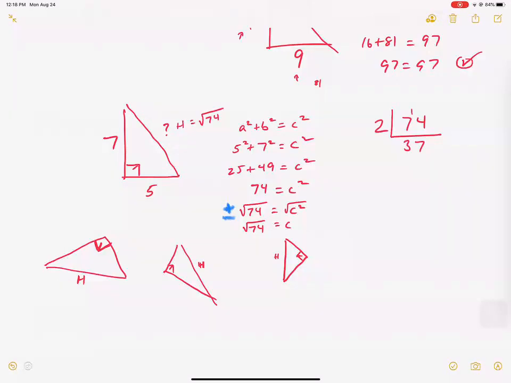And if you do the square root in your head, just so we get a value, 74 is between 64 and 81. The square root of 64 is 8, the square root of 81 is 9, so 74 is 8 point something.